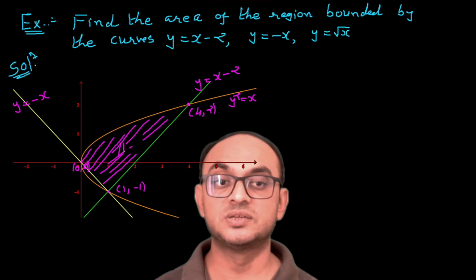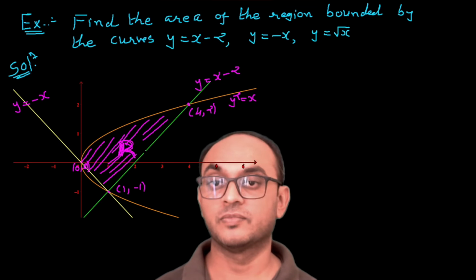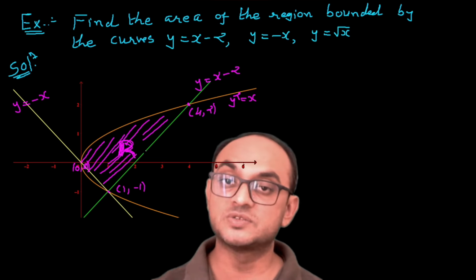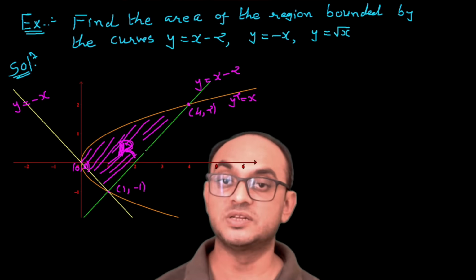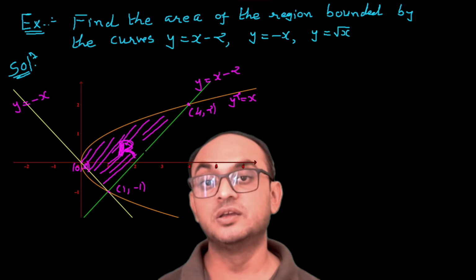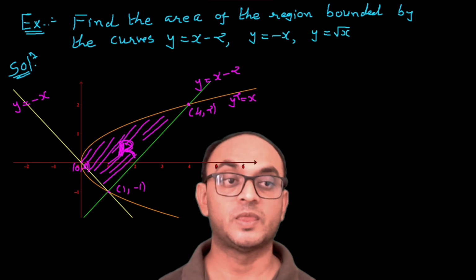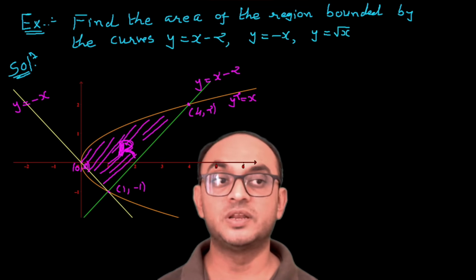So this is our region R. I hope the region R is clear to everyone. Now let us find out the area of this region. How do we find the area? Using double integration. So area of the region R.